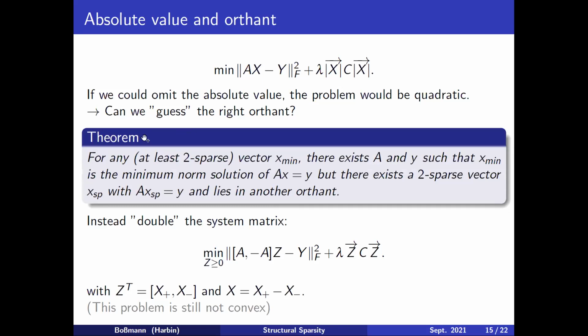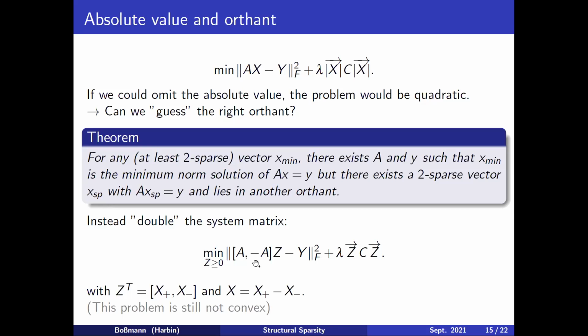We can show that there are combinations where you cannot guess the orthant from an initial guess, but you can do a little trick. Instead of just considering the system matrix A, you can consider a system matrix A and minus A. So you combine basically the atoms and the negative atoms.